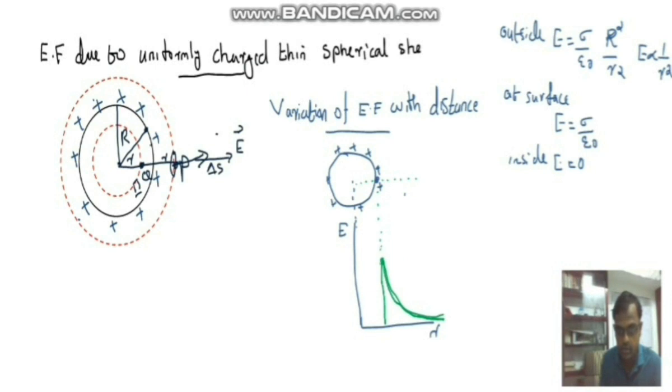Here E is maximum, here E is inversely proportional to r square, and here everywhere E is equal to 0. Inside it is 0, at the surface it is maximum, and from the surface outside it is inversely proportional to r square. So this is the variation of electric field with distance. I hope you understand this.